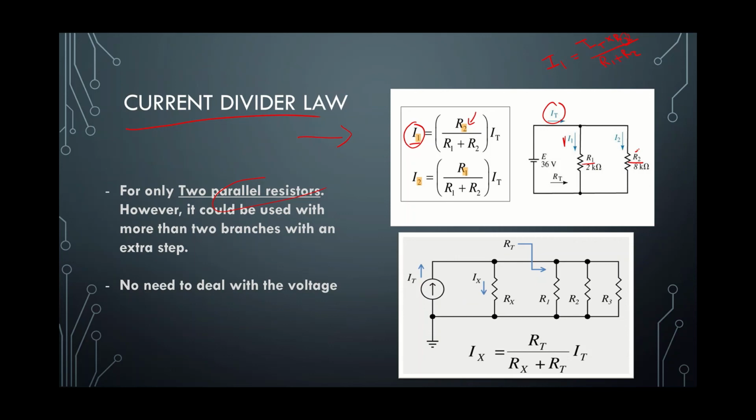If we have multiple parallel branches and we want to find the current in a certain branch, we take that branch out, which is called Ix, and use this equation: R total, excluding this branch, multiplied by I total, divided by Rx, which is this one, plus R total, which is this one.